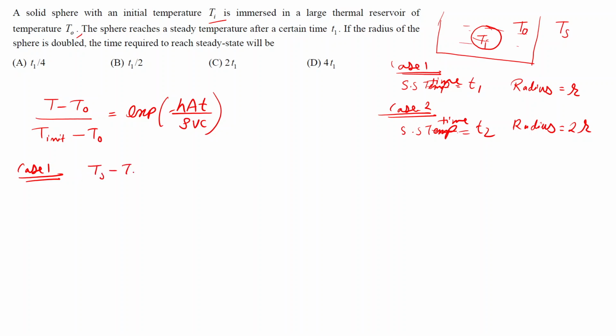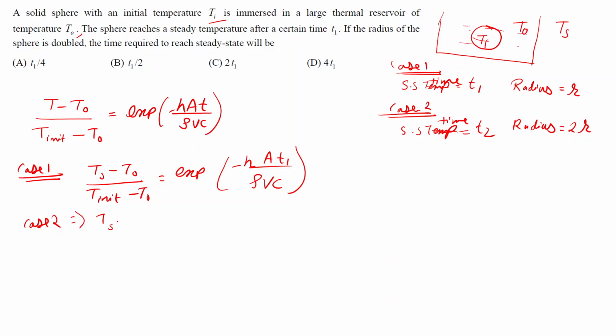So we can write (Ts minus T0) upon (Tinit minus T0) is equal to exponential of minus hAt upon rho Vc, where t is T1. So this is for case 1. Similarly for case 2, we will have (Ts minus T0) upon (Tinit minus T0) is equal to exponential of minus hAt upon rho Vc, with t as T2.